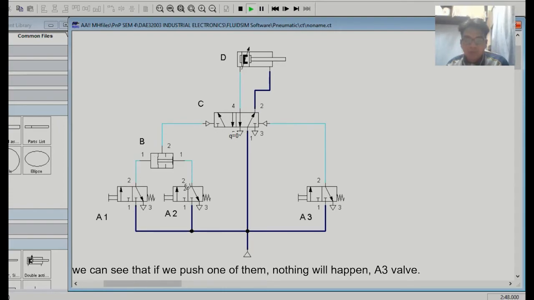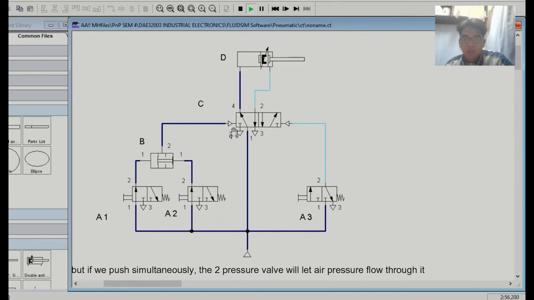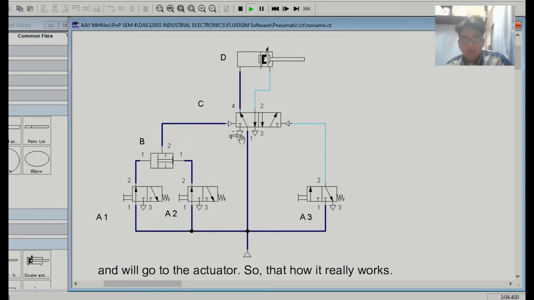If we push only one of them, nothing will happen. But if we push them simultaneously, the 2 pressure valve will let the air flow through and go to the actuator. So that's how it works.